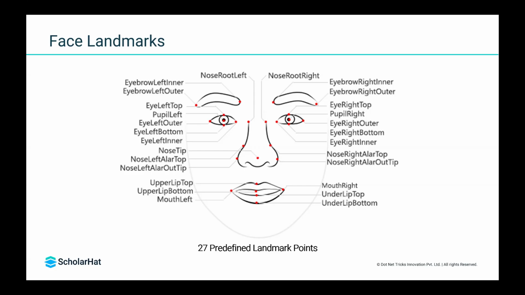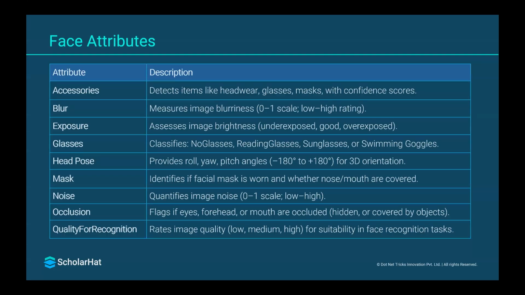They have defined some pointers which they provide through the analysis of a person's face. Whatever face analysis you are doing, we have face attributes for that. It will detect accessories: do we have any headwear, any cap on the head, are we wearing any glasses, any mask? It will let us know with a confidence score.